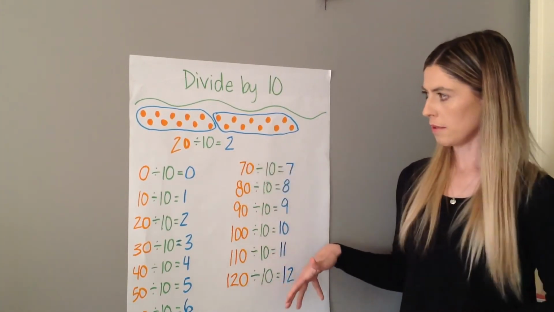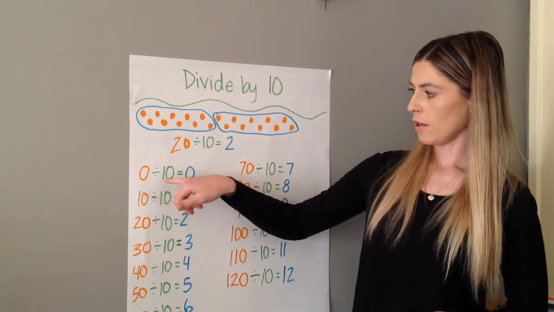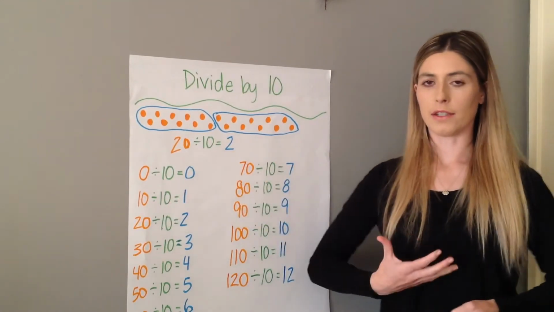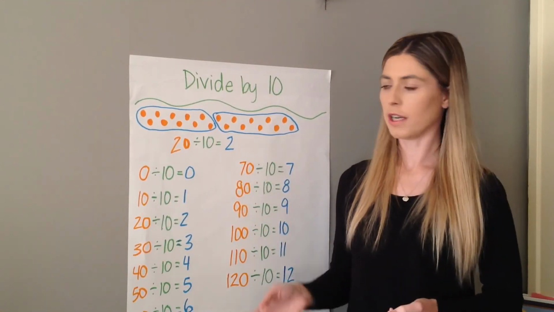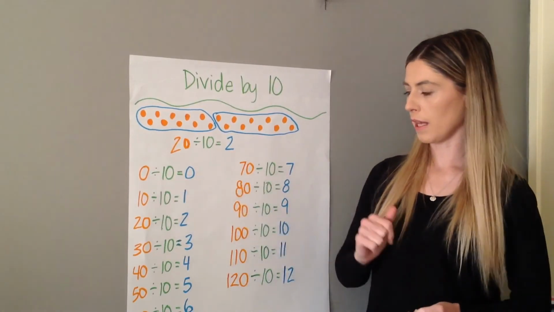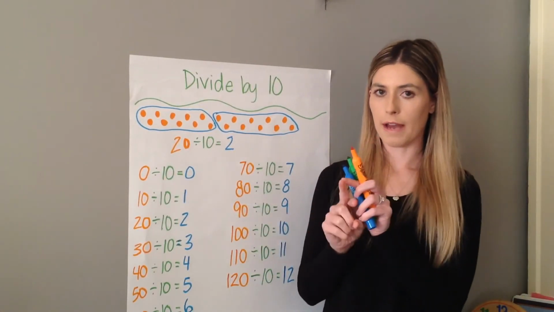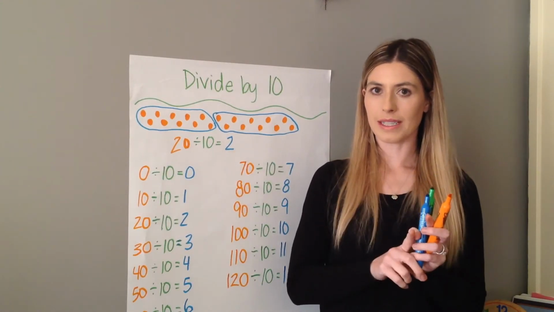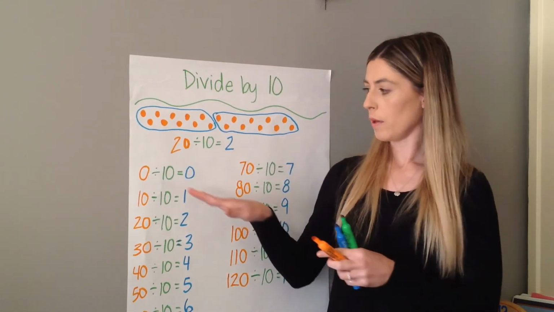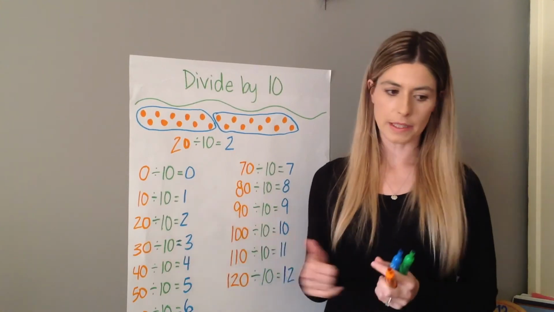When we talk about division, the numbers are called different things. Just like in addition and subtraction, each part is called a different thing. In multiplication, the two numbers that are multiplied are called factors, and the answer is called a product. Now with division, it's a little bit different.